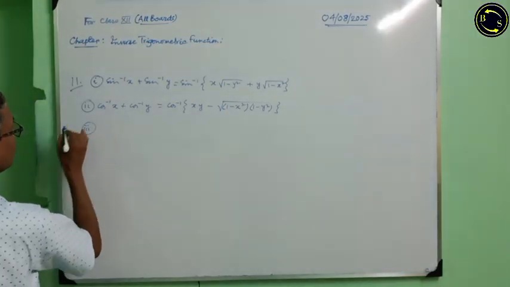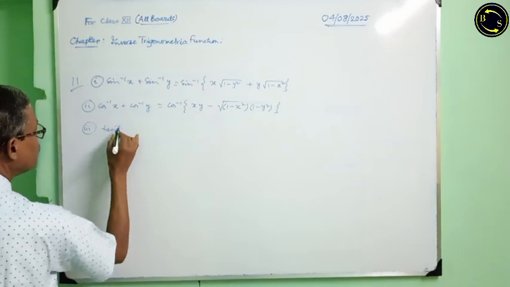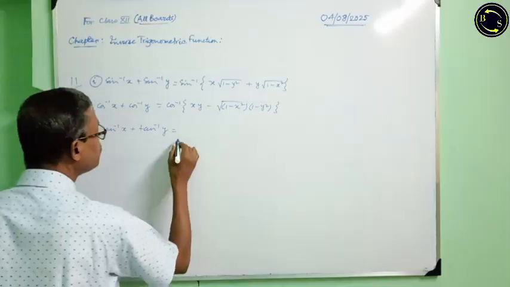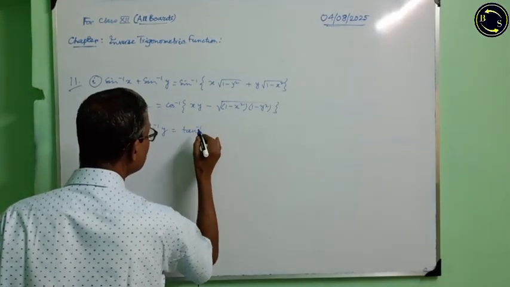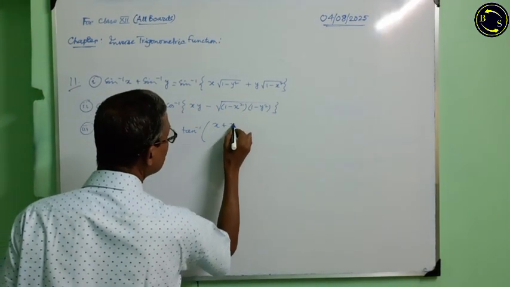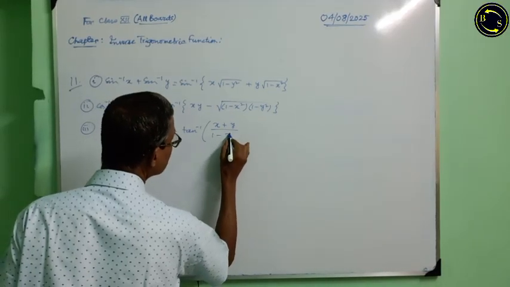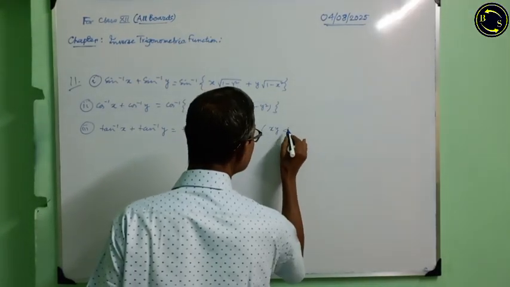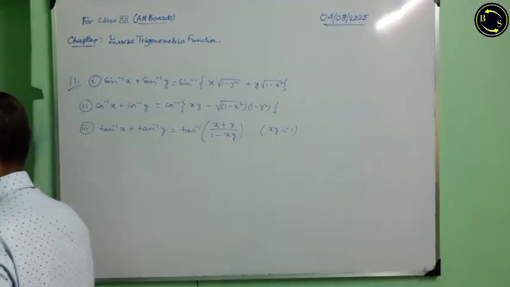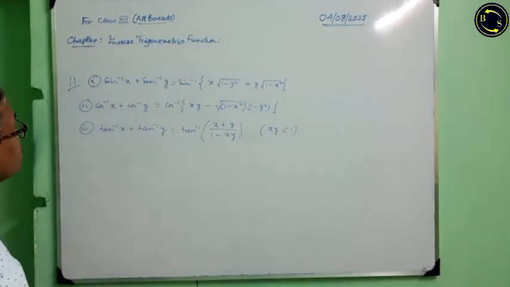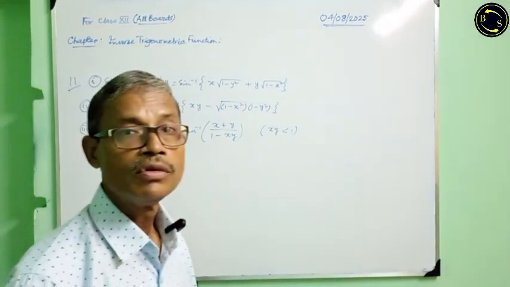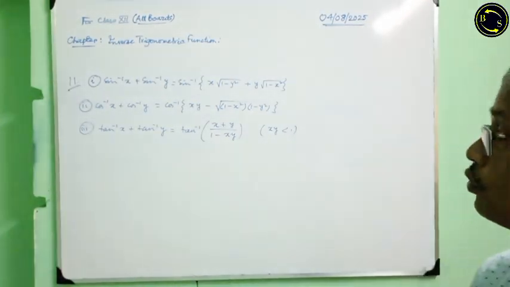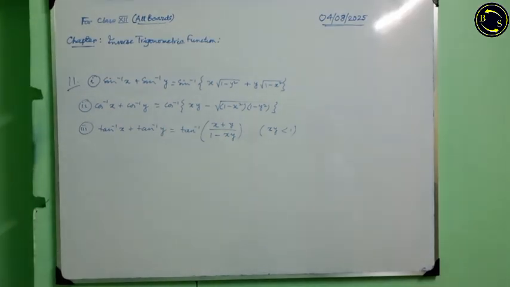Then tan inverse x plus tan inverse y is equal to tan inverse of x plus y over 1 minus xy. In this case, xy is less than 1. Now I will show the proof of one or a few of these, and the rest are to be proved by yourself.